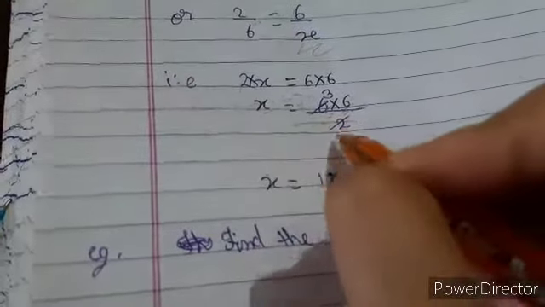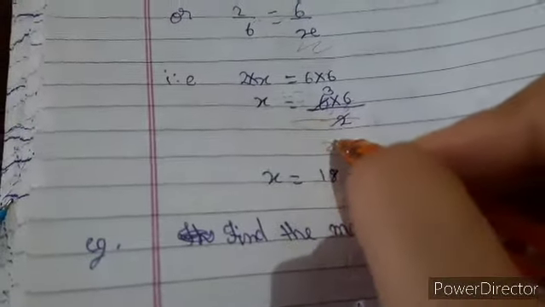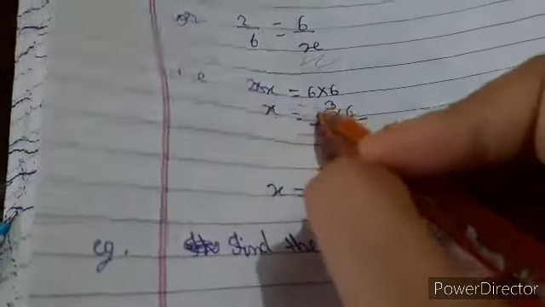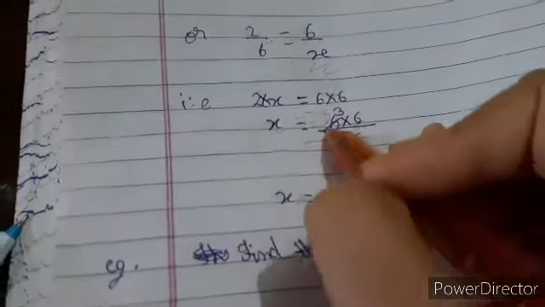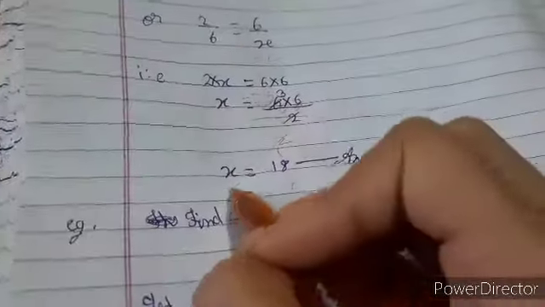X is equal to 6 into 6 upon 2. We will cancel it by 2. 2 threes are 6. Now 6 threes are 18. The answer will become 18.